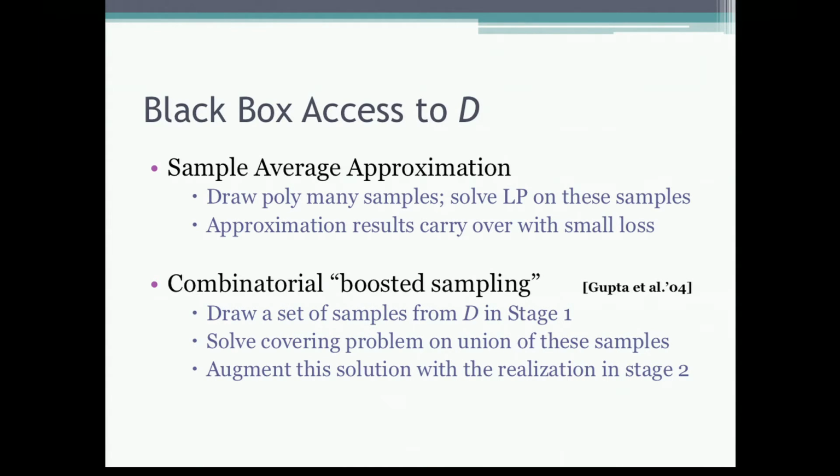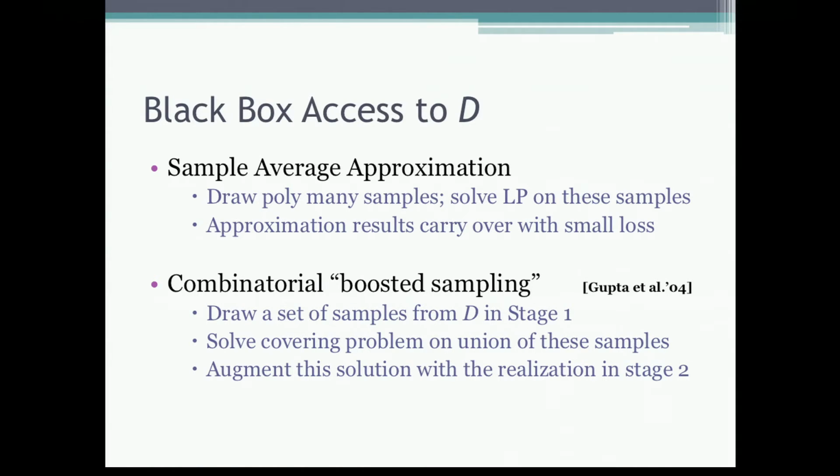Anupam and others had a different technique where, instead of doing this LP business, you can think that the underlying problem is vertex cover, and we know how to solve vertex cover without using LPs. They developed a technique called boosted sampling, which essentially says: I know this distribution up front, so let me just draw fake samples from it.